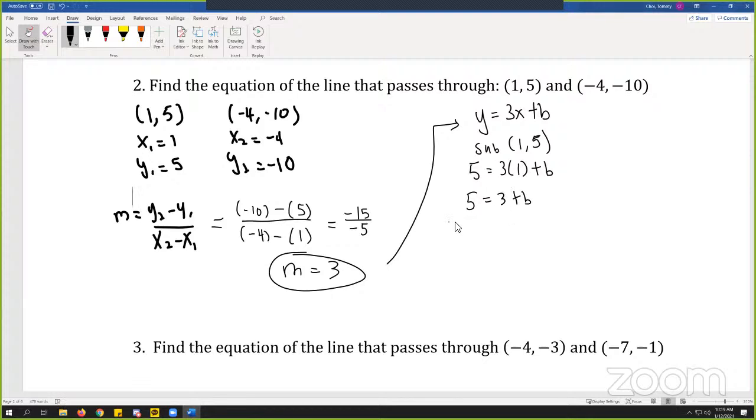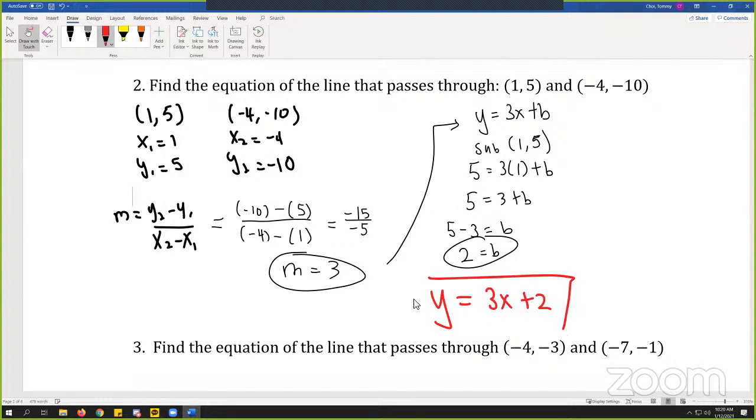And we move the 3 to the other side. 5 minus 3 equals b. 5 minus 3 is 2. And we get 2 equals b. Once we have these two, we can write down our final answer, which is y is equal to 3x plus 2. And there's our answer for question 2.